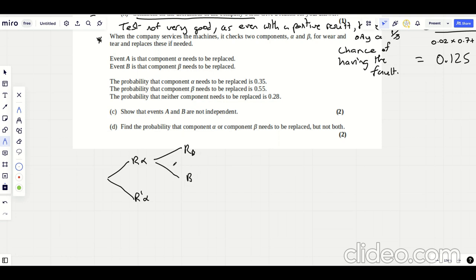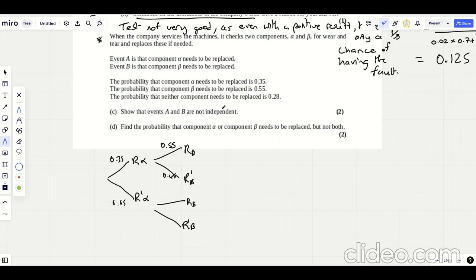Don't replace beta. Tree diagrams I think are really useful. Replace beta, don't replace beta. Okay, the probability that component alpha needs to be replaced is 0.35, beta 0.55, and therefore that's 0.65 and 0.45.